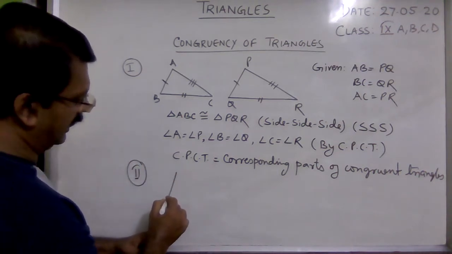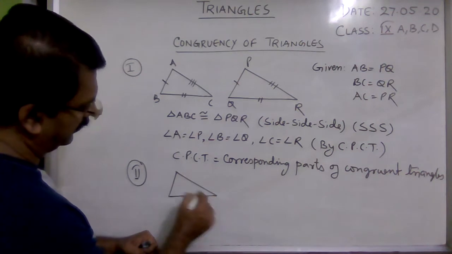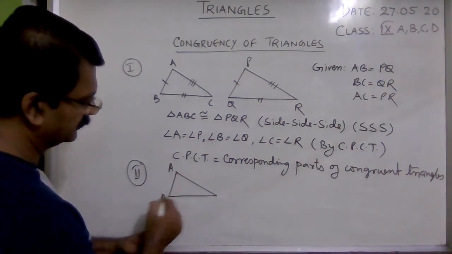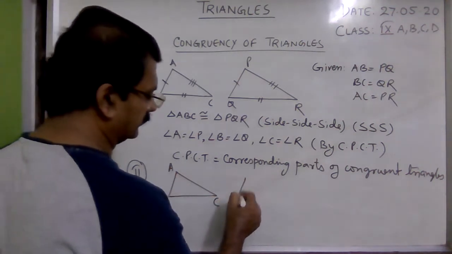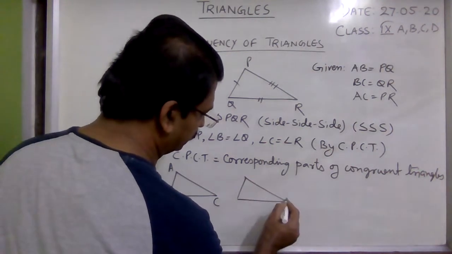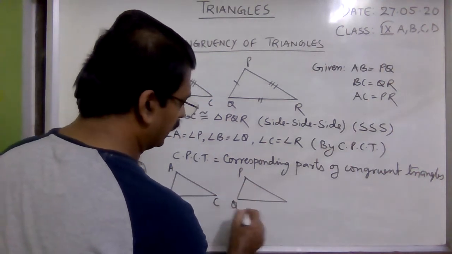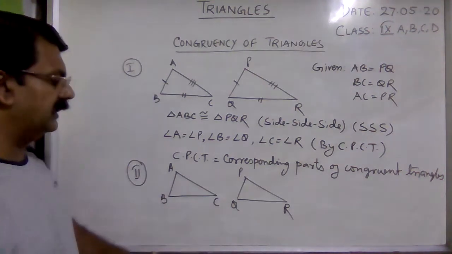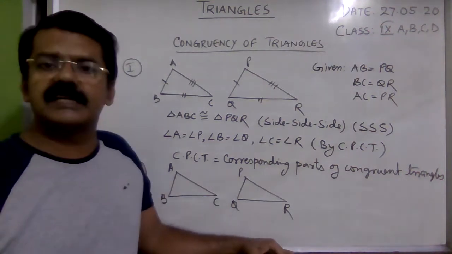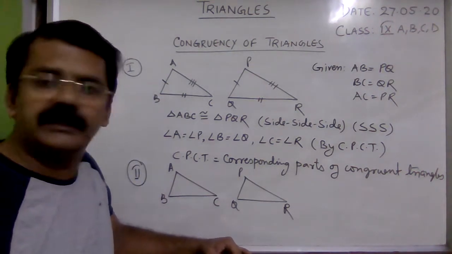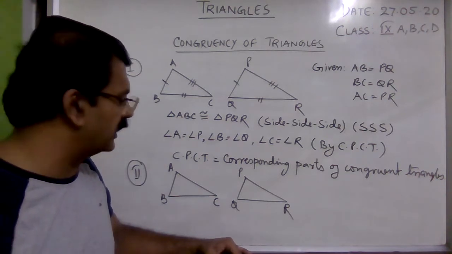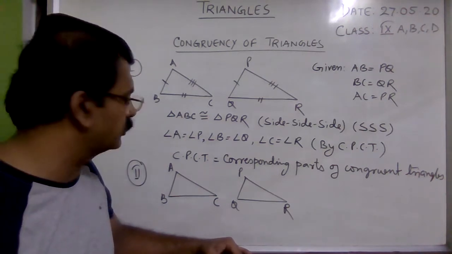Suppose again they have given us two triangles, ABC and PQR. Again, as I told you earlier, these two triangles seem to be congruent, but we have to look for the information given about these two triangles.